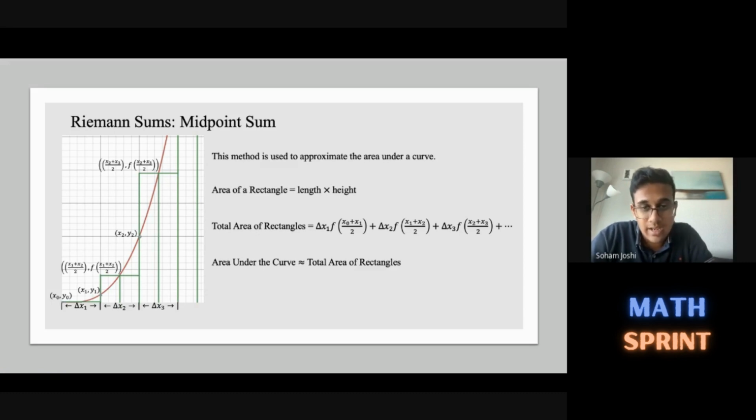As you can see, I indicated it. We multiply the width by the height of the rectangle. That is, we multiply delta x2 with f of (x1 plus x2) divided by 2 to get the area of this large rectangle here. We do the same thing with the rectangles whose widths are delta x1 and delta x3. Then we sum up the areas of all of these large rectangles to get the approximate area.